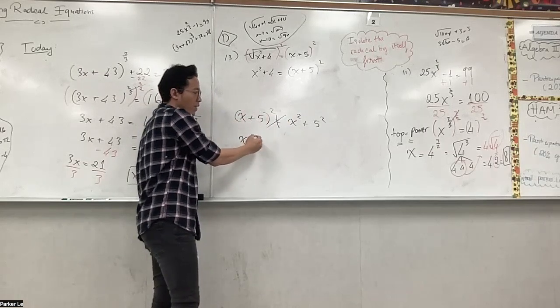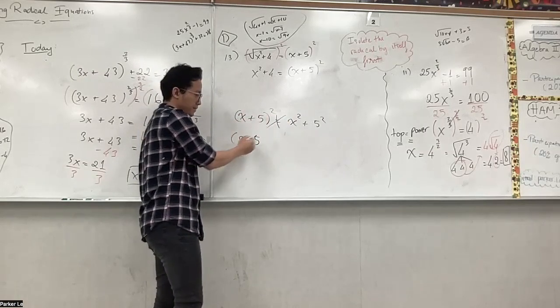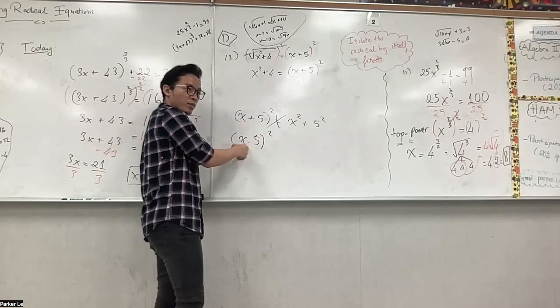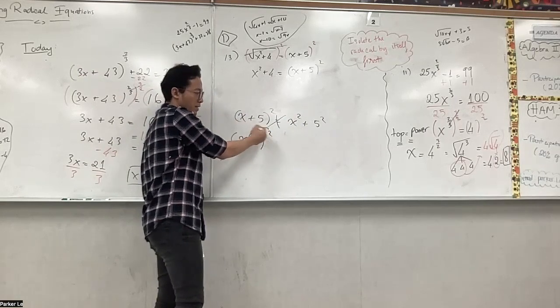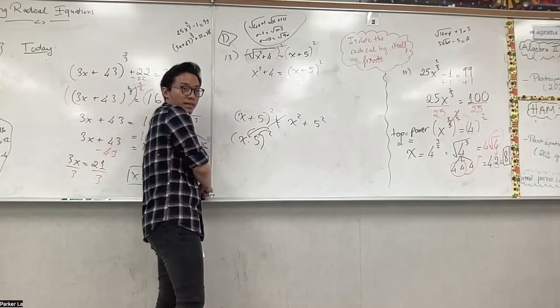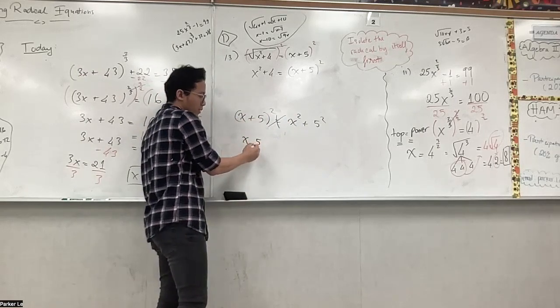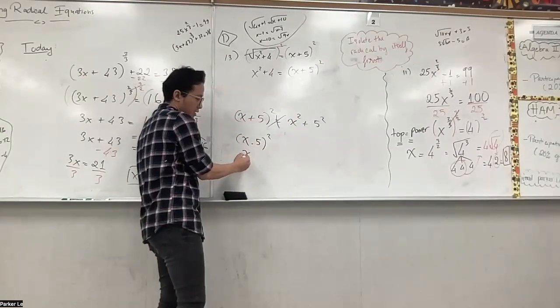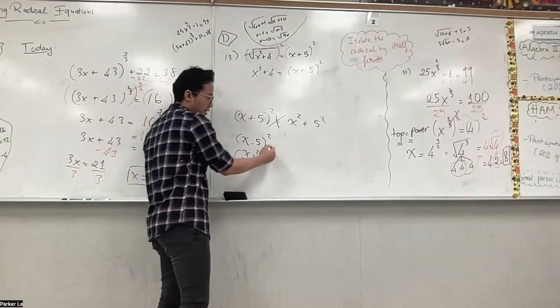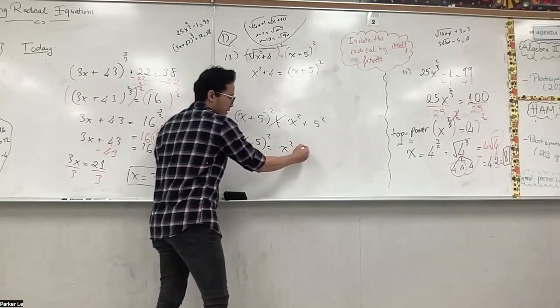Only when it's multiplication, square equals square and square. Only when it's multiplication or division can you distribute the power, but not when it's adding or subtracting, okay? Write that down. When it is multiplication or division, then you can distribute the square like this.